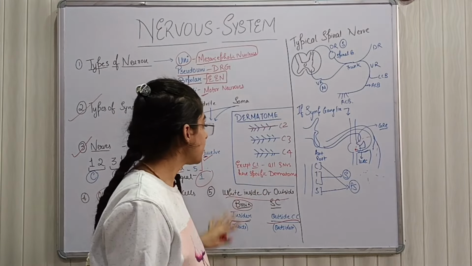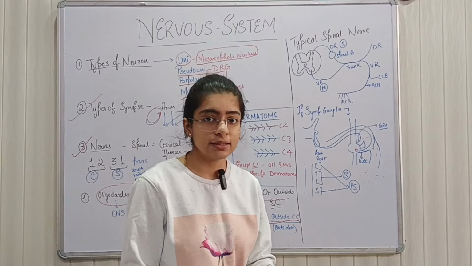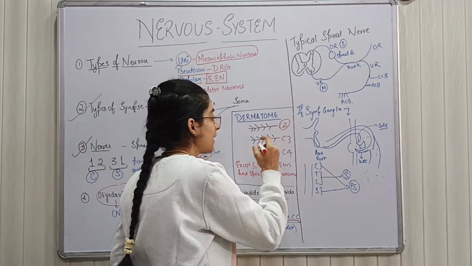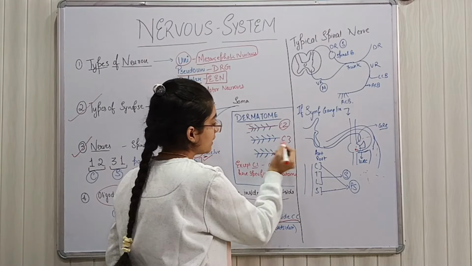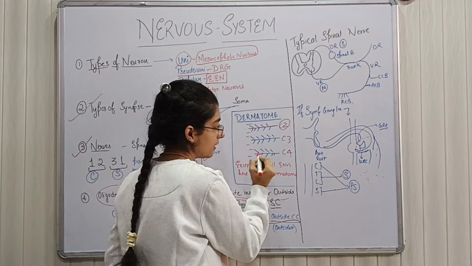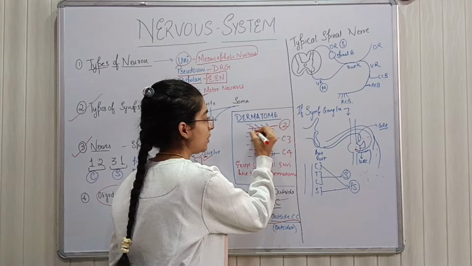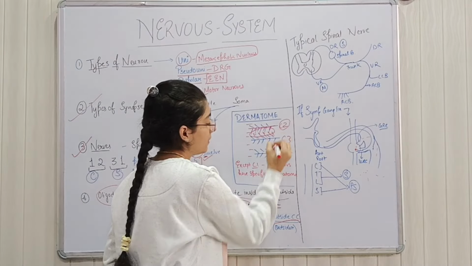C1, all the spinal nerves have different specific their dermatomes, right? But C1 doesn't have that specificity. Now in C2, I will say it is supplying the area above and area below. C3 area above, below, above and below. Now, if I see carefully, this area is being overlapped. And I have to show that area being overlapped.